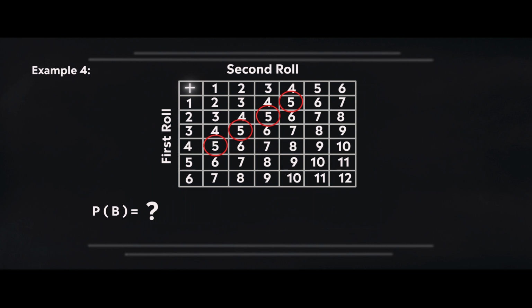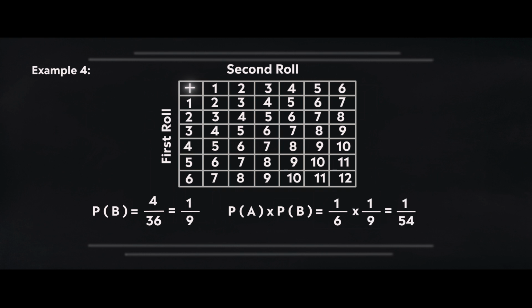So it is 4 by 36, which when we simplify is equal to 1 by 9. So the probability of A and B happening would be 1 by 6 times 1 by 9, which is 1 by 54. Now what is the next step?